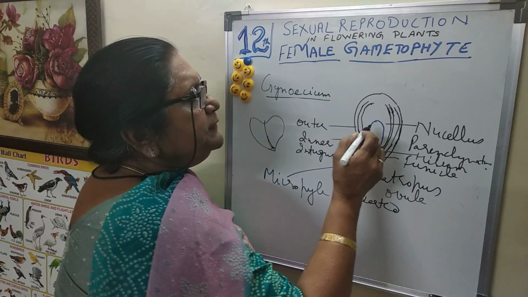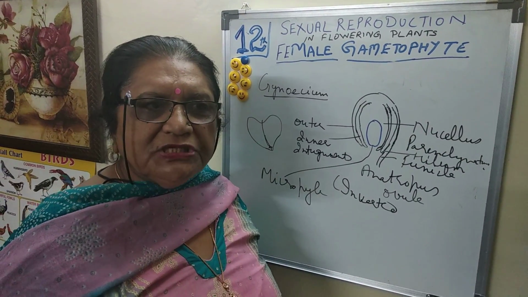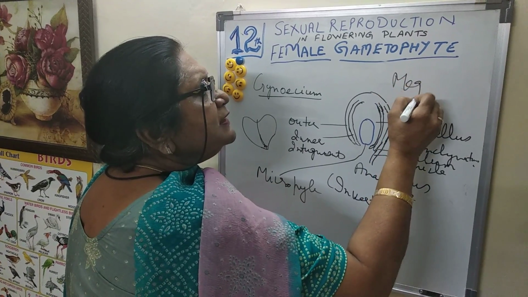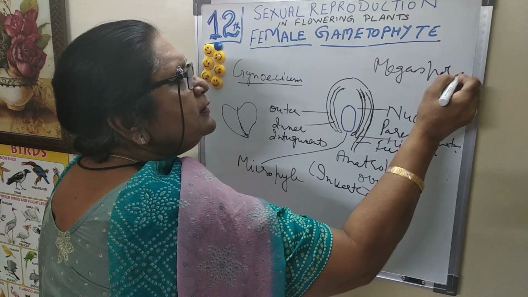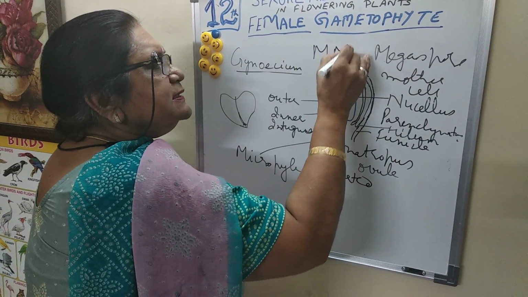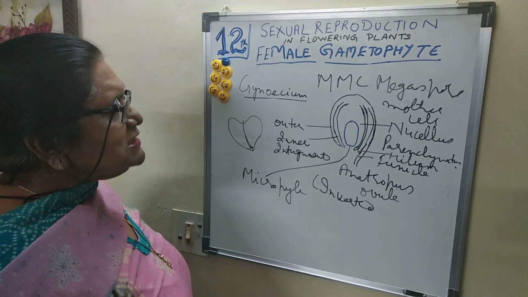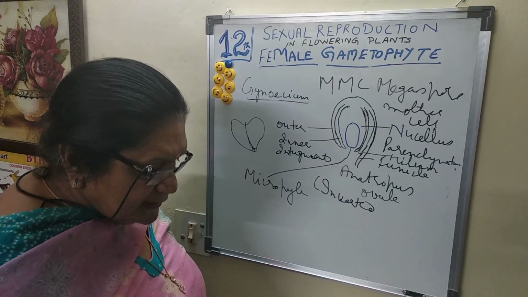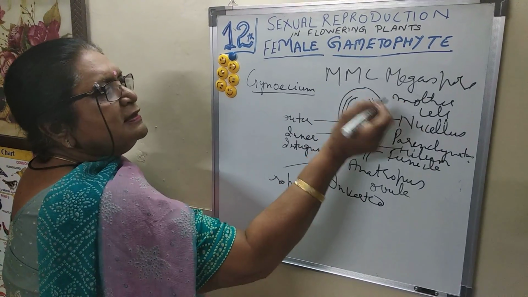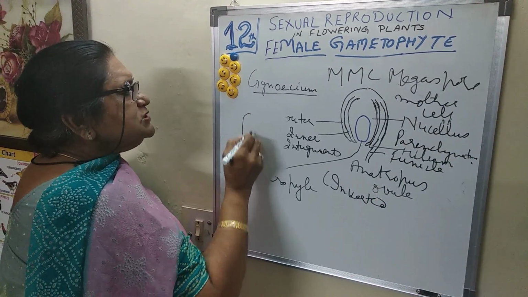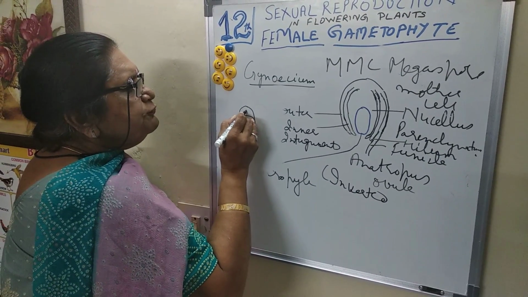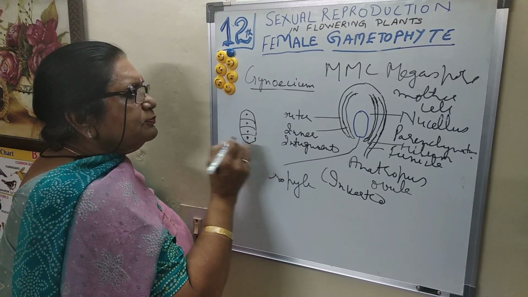Next, the nucellus undergoes changes and acts as the megaspore mother cell, or MMC. This megaspore mother cell undergoes division to form four megaspores.